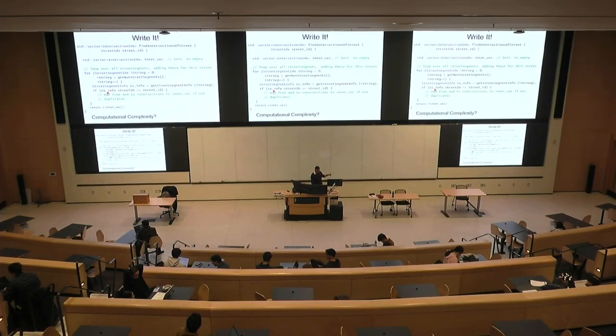And then if the street segment info dot street ID, remember that the lower level API gives us the ability to know which street ID it is part of, is equal to the one that we are given at the top, then we go ahead and add the to and from intersections one by one, making sure that we avoid duplicates.